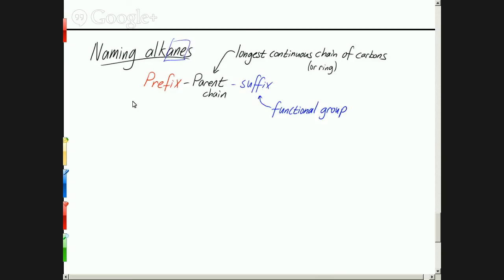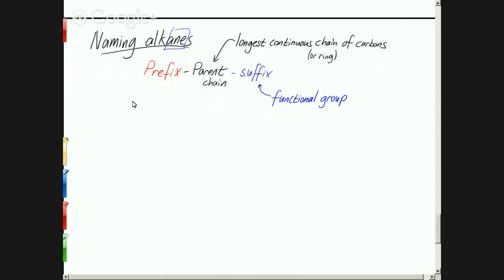Saturated with what? You're right. In most cases, with hydrogens. So more simply, an alkane is just a molecule that's made up of carbon and hydrogen with all single bonds. So that's the simplest organic molecules, and that's what we're going to start with.